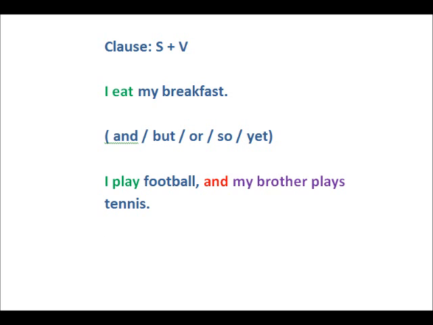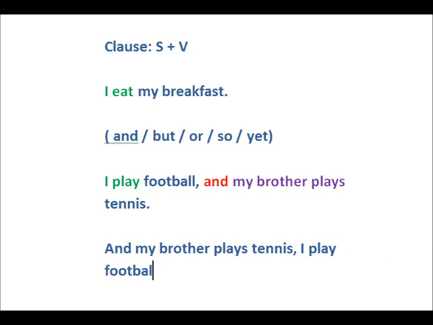But I need to ask you a question. If I rewrite this sentence like that, have a look at this. And my brother plays tennis. I play football. Is it correct? We say it is completely incorrect. Why?